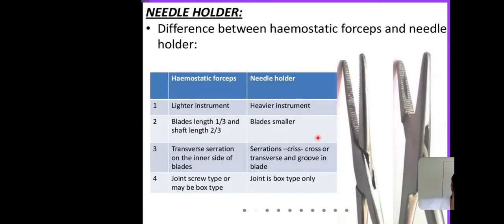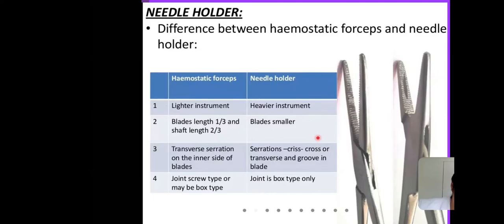Difference between hemostatic forceps and needle holder. Hemostatic forceps is a light instrument. The needle holder is a heavier instrument. Hemostatic forceps has blade length 1 by 3 and shaft length 2 by 3. That is, shaft length is bigger than blade length. Needle holder has small blades.